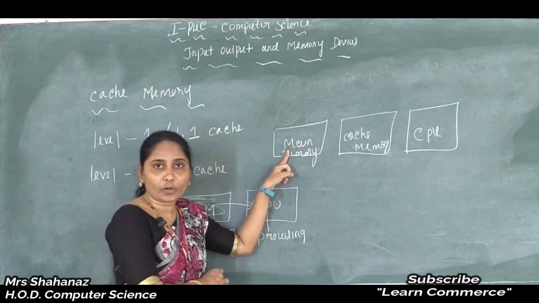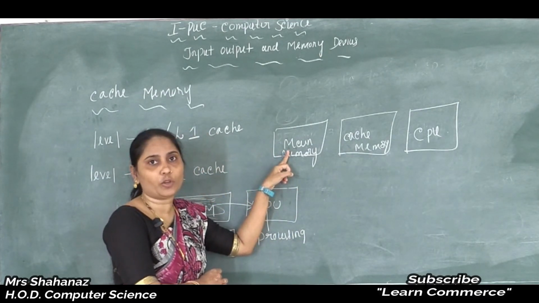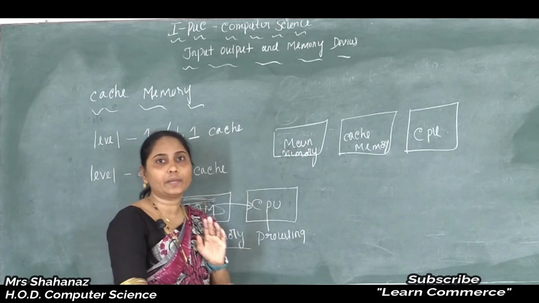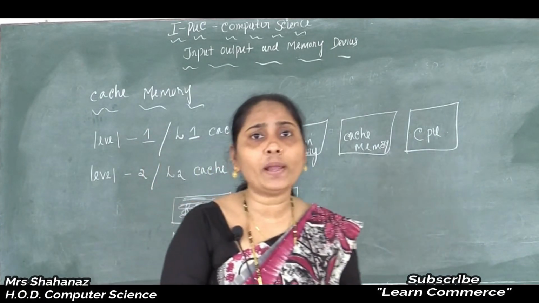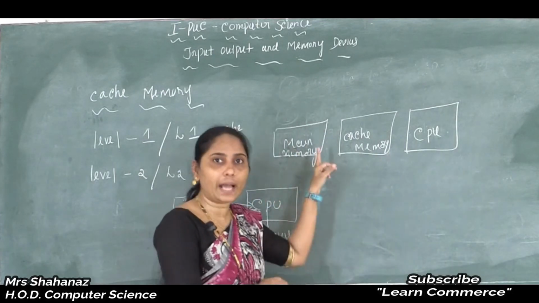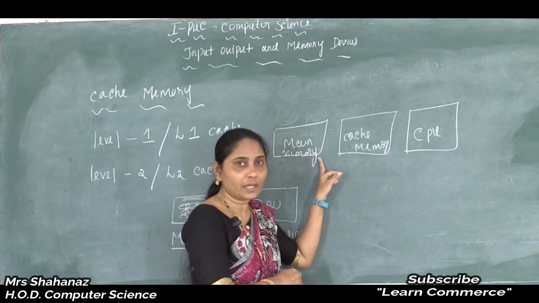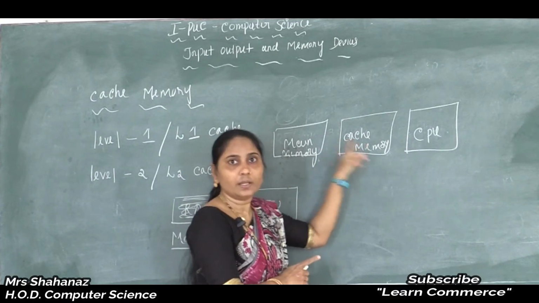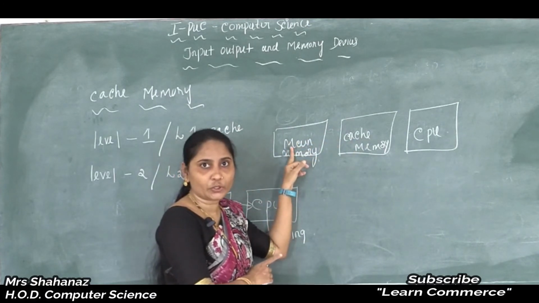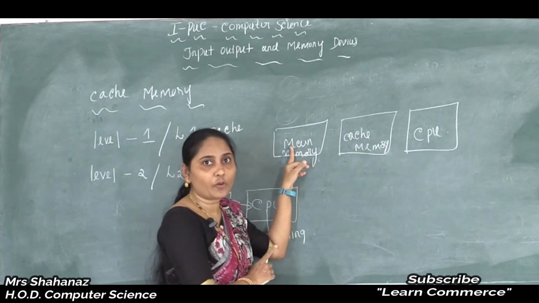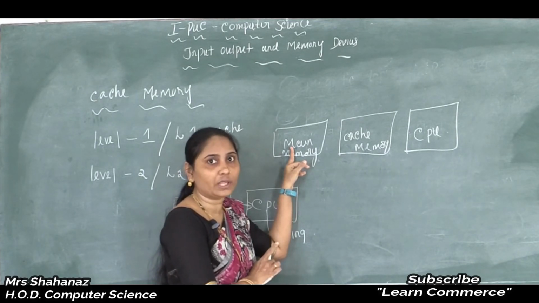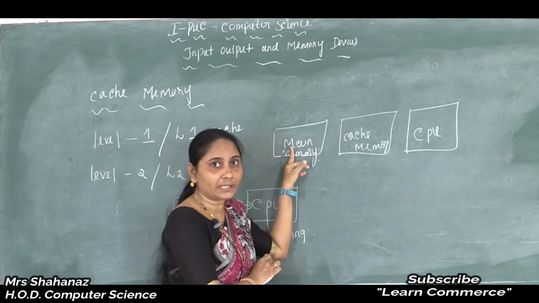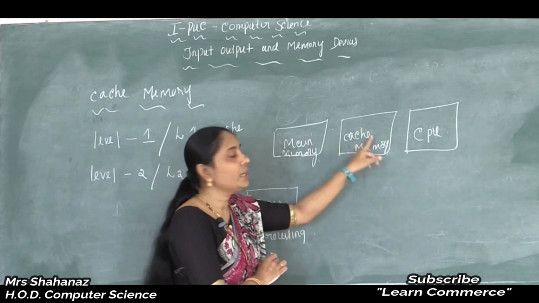So if any program wants to run, then our CPU wants to collect the data from the RAM. But before collecting any data from the RAM, our CPU first checks whether the data is there in our cache memory. First it is going to check the cache, before checking the RAM, whether any data or instruction, whatever it wants for processing, is available in our cache memory.